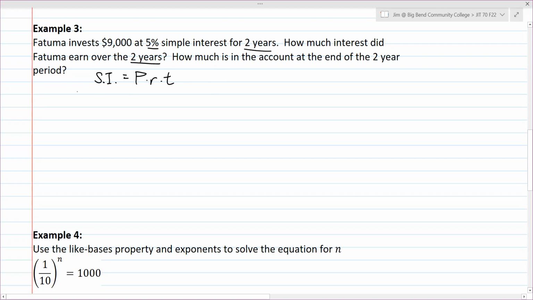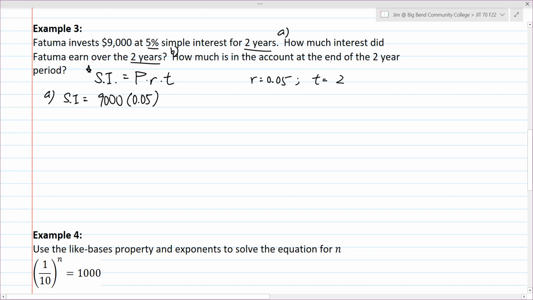Right. So this equation will help us answer the first question. So the simple interest, let's call this part A, and then that is part B. So that equation shows that you have 9,000 times 0.05 because R equals 0.05, and then T is 2 years.